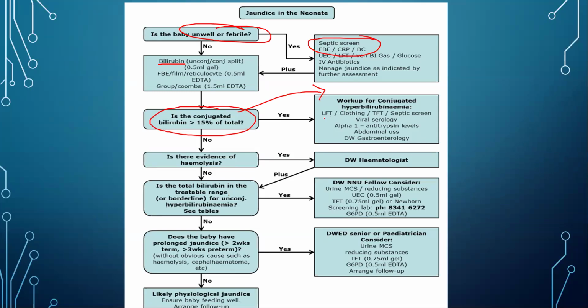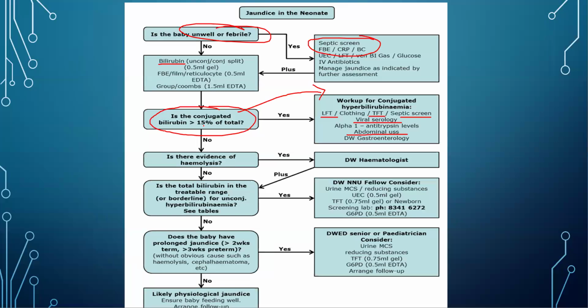For neonatal hepatitis, you will check the liver function test. For hypothyroidism, thyroid function, septic screening, viral serology for neonatal hepatitis, and an abdominal ultrasound to rule out choledochal cyst and biliary atresia. So you'll be doing all the tests to rule out conjugated bilirubin causes.